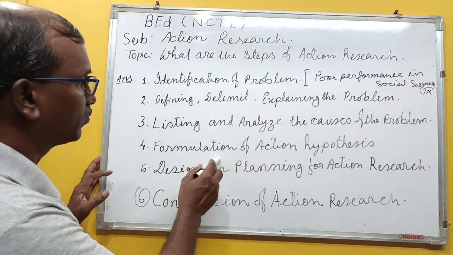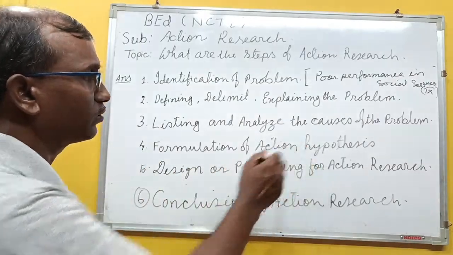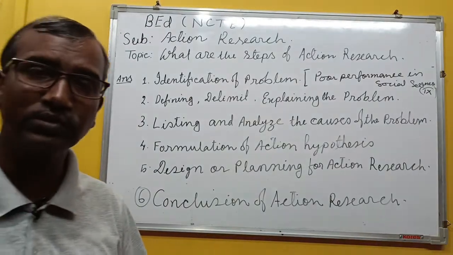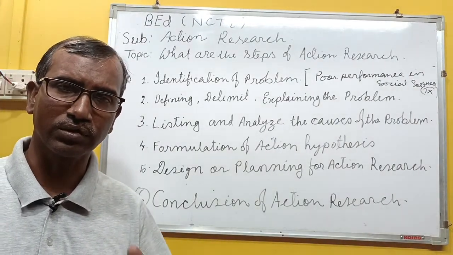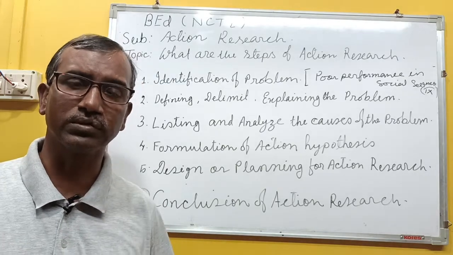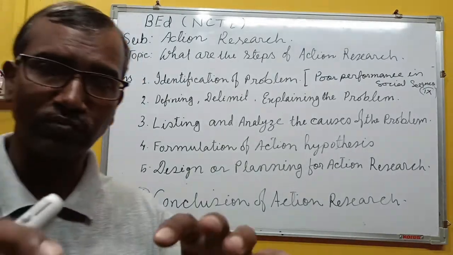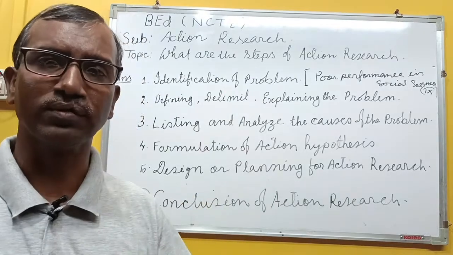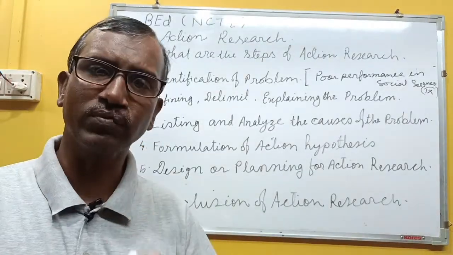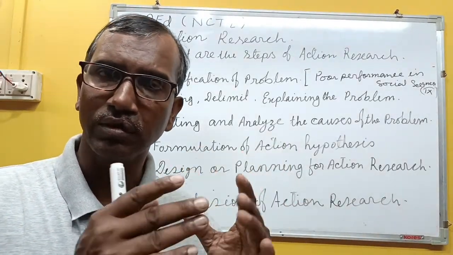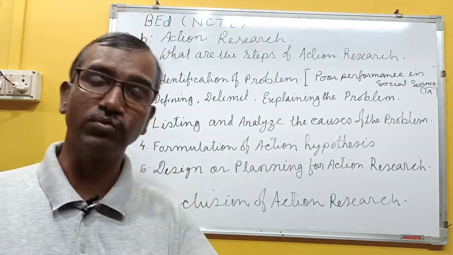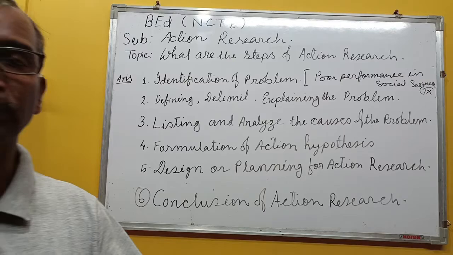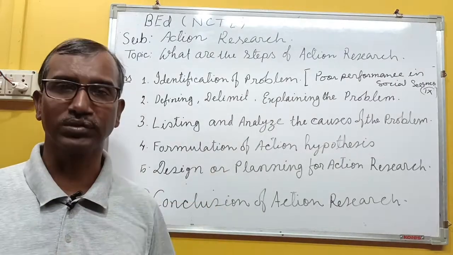Next, formulation of action hypothesis. So the hypothesis may be like that. The teacher or the individual who goes for action research takes a decision, a hypothesis, that poor performance in social science of the students of class 9 may be due to the traditional method of teaching.